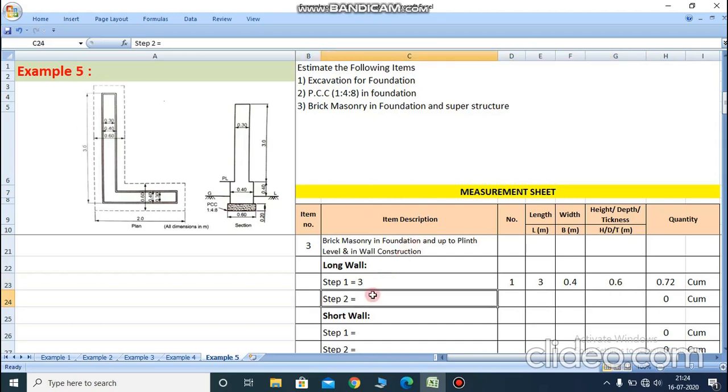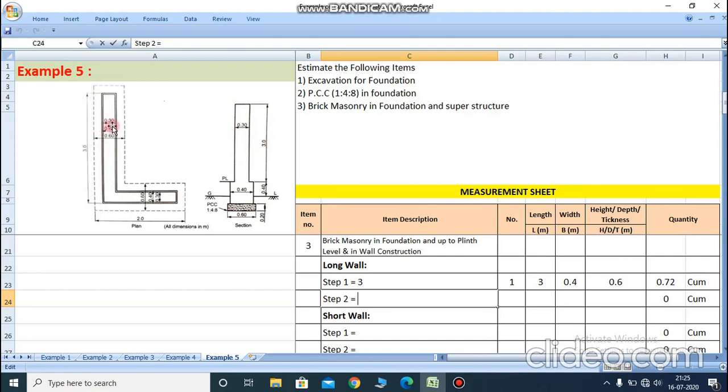Now we take step 2 for the brickwork. So from the plinth level up to the end of the wall height. Here height is 3 meter, width is 0.3, and length we calculate from the plan. For the 0.4 meter width, length is given as 3 meter.